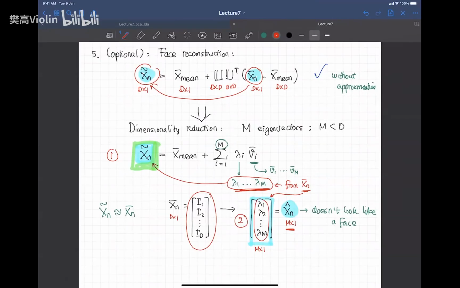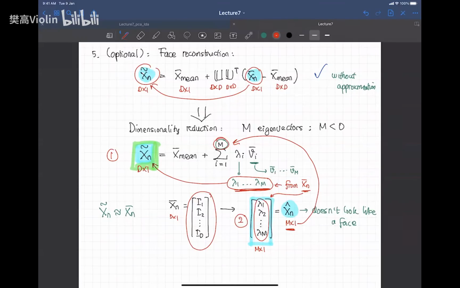All right. Then after that, do we need to add that mean again? Oh yes, if you want. But the image has to be the same resolution. If you want to see the approximated image of the face that looks like a face, you have to have d by 1 instead of m by 1.